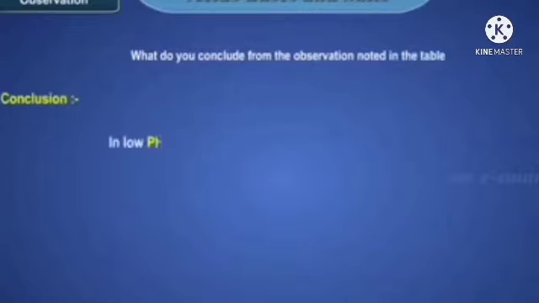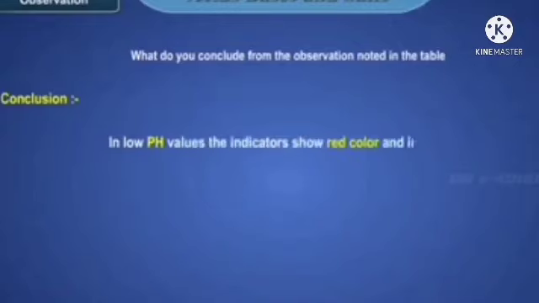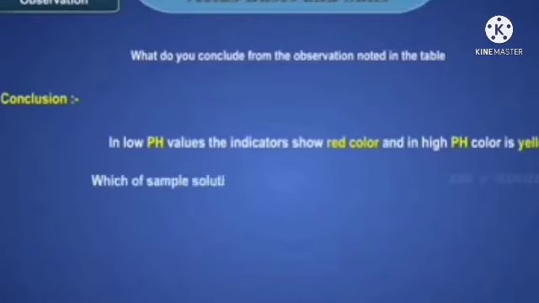Conclusion. At low pH value, indicators show red color and at high pH value, yellow color. Which of the sample solutions are acidic and which are basic?